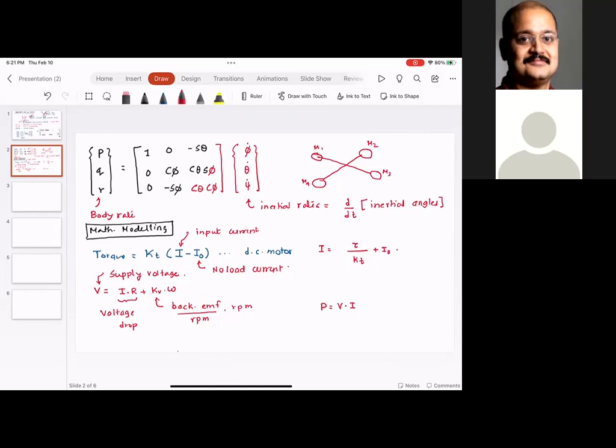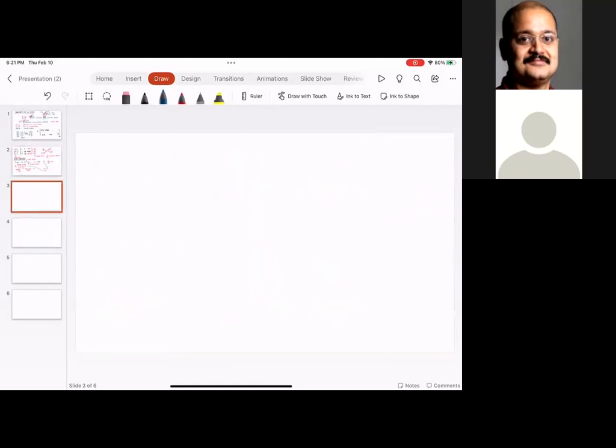And then what I can do is substitute this equation here, and substitute this equation in here, and find out the equation for power.